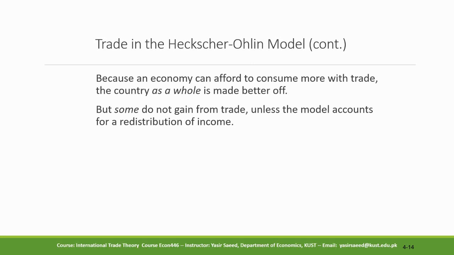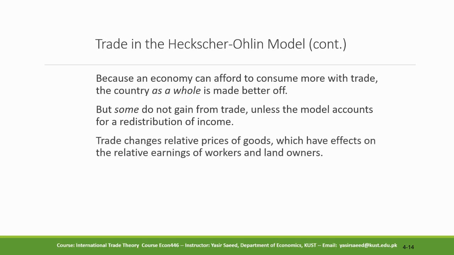But some do not gain from trade unless the model accounts for redistribution of income. All the people within the country do not get this advantage because some redistribution occurs. And let's talk about this redistribution. Trade changes relative prices of goods. If you remember, when we were not trading, there were two different supply curves.